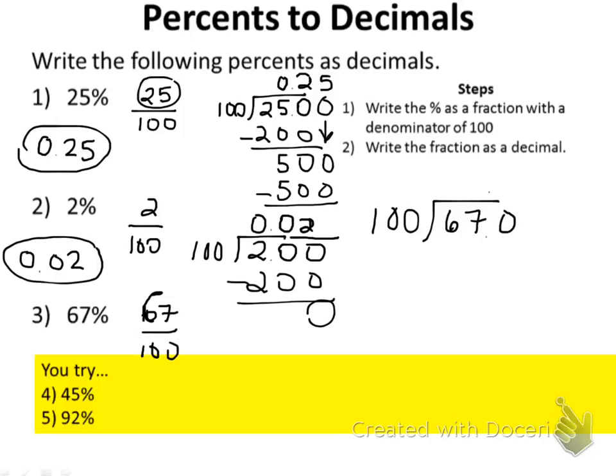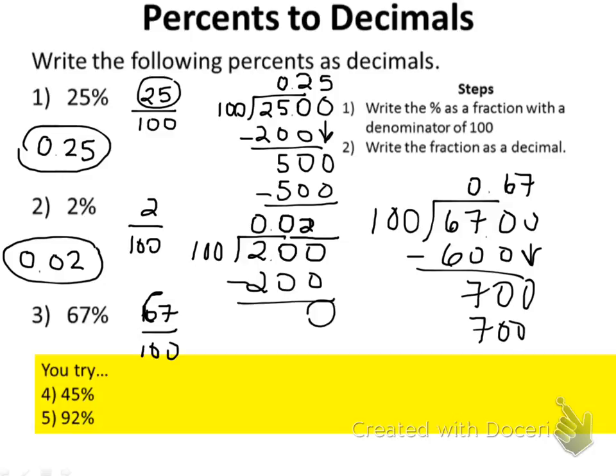Put a decimal on the top, a 0 here. How many times can 100 go into 670? It goes in 6 times, and 6 times 100 is 600. 670 minus 600 is 70. Bring down the 0. How many times can 100 go into 700? 7 times. 7 times 100 is 700. 700 minus 700 is 0. So that means that 67% is written as 0 and 67 hundredths.